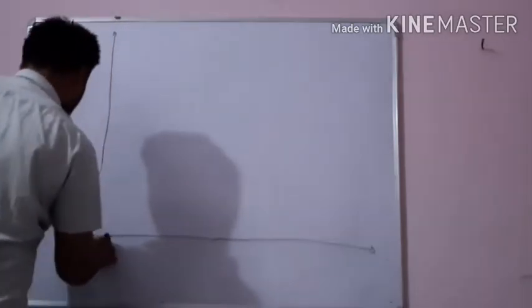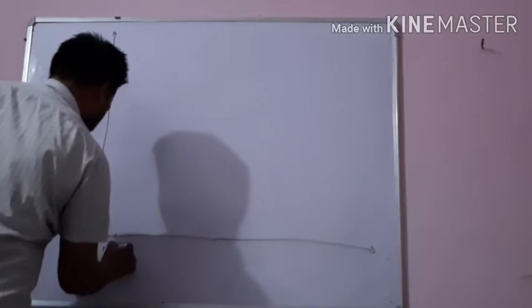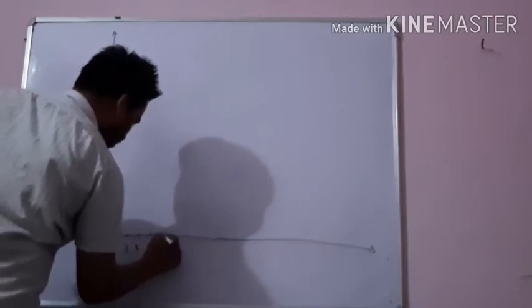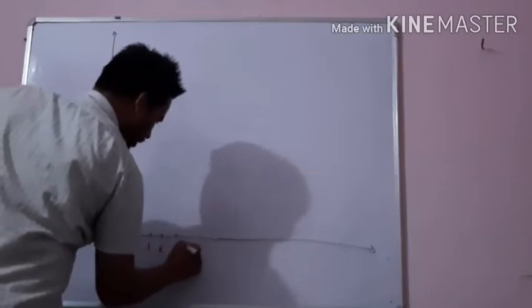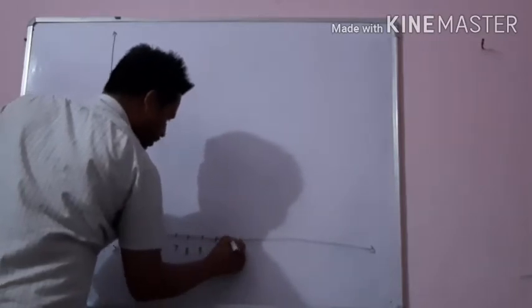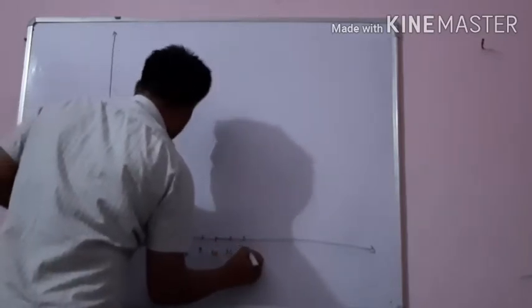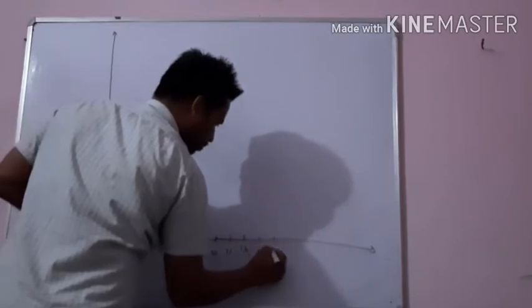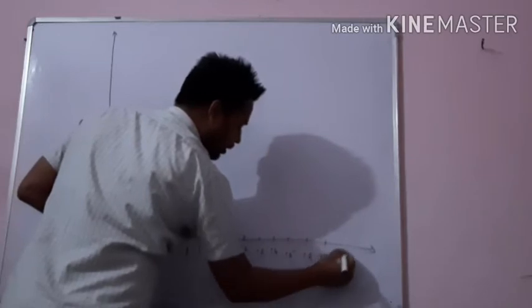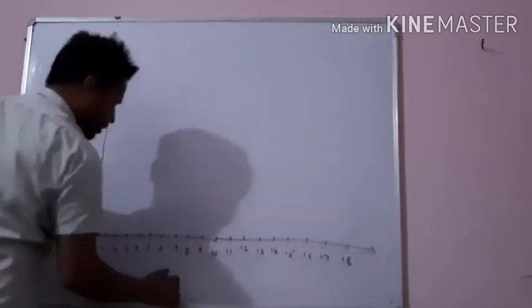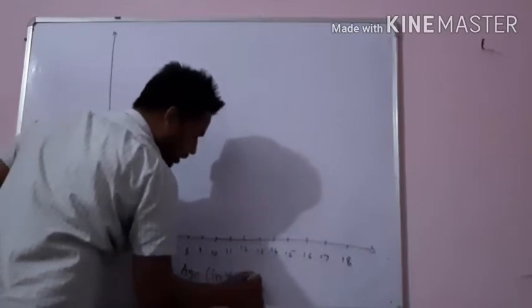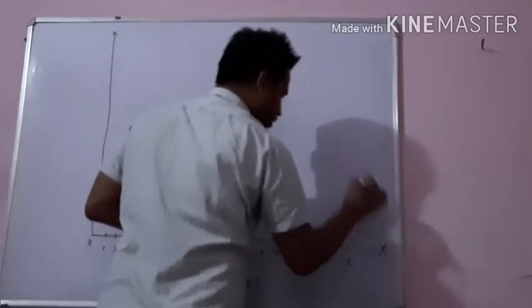So 0, 1, 2, 3, up to 18, in years. You have to mention it. This will be the X axis.